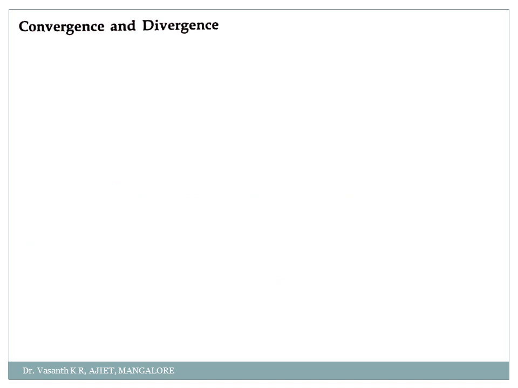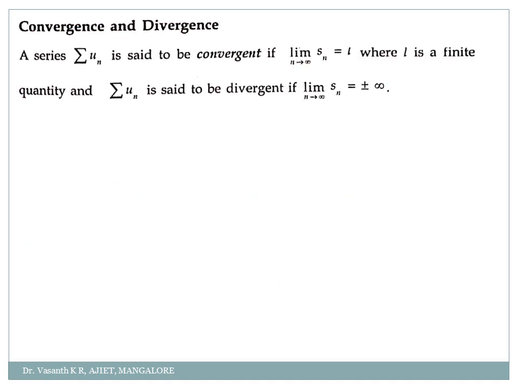Next, see, this is very important here, convergence and divergence. A series summation of un is said to be convergent if the limit as n tends to infinity of Sn is equal to L, where L is some finite quantity. Okay, means if we get some finite number, then we say the given series is convergent.